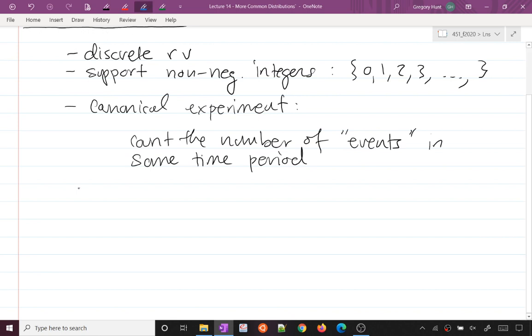So examples of this: Poisson distributions are used to model, say, radioactive decay. Maybe the number of beta particles that are emitted from a radioactive source over a certain time interval might have a Poisson distribution.